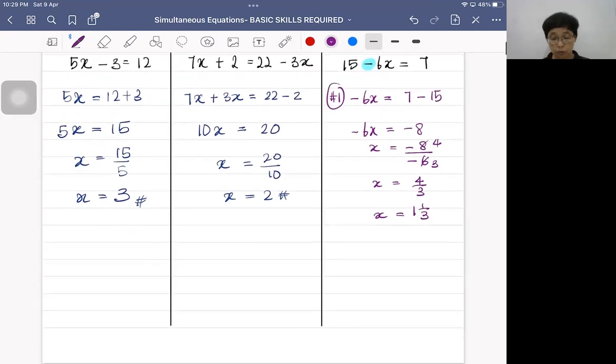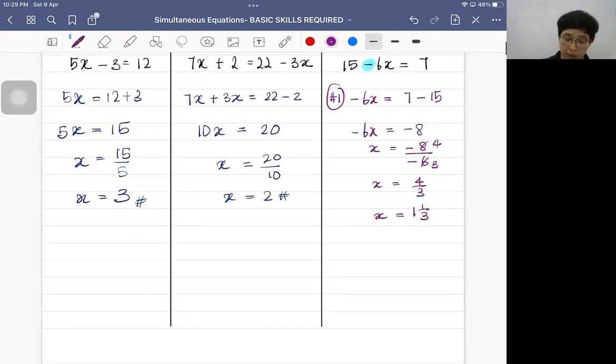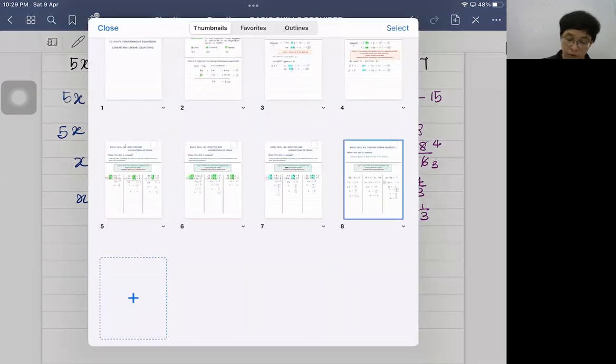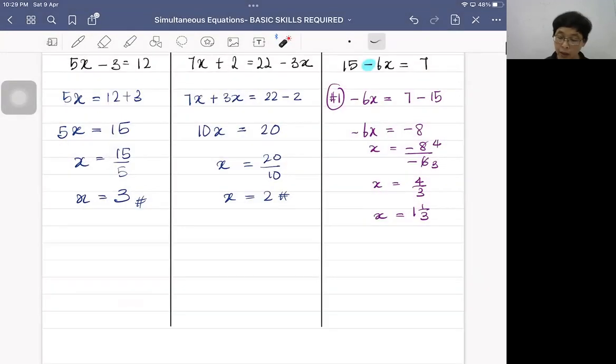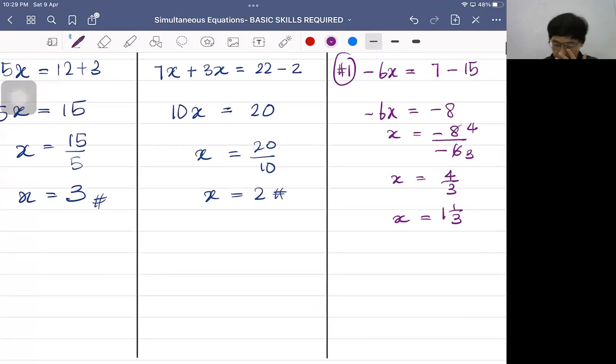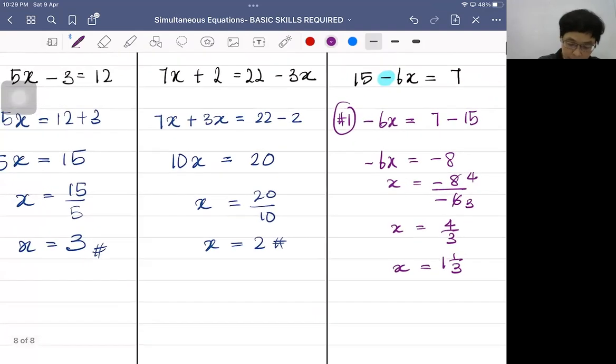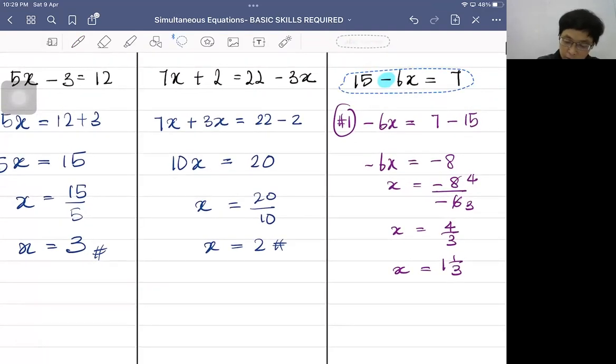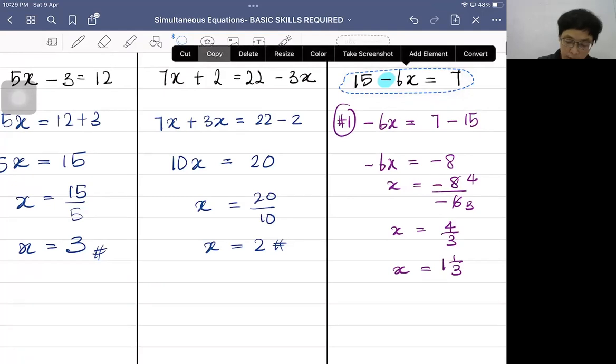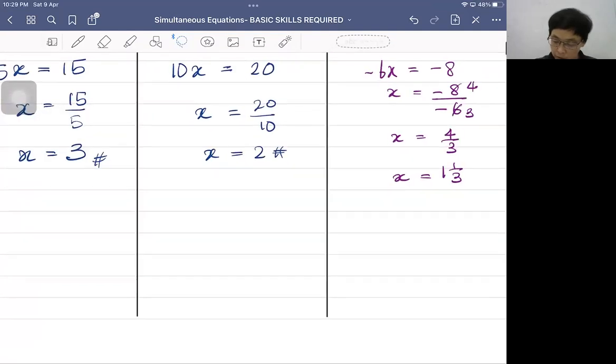How about if you don't like it? Okay, you say, I don't like to have a negative here. What can I do? Yes, you can do it differently. Let's go back there. You can do it in the same way. I'm just going to copy this, but we can actually use a different way.